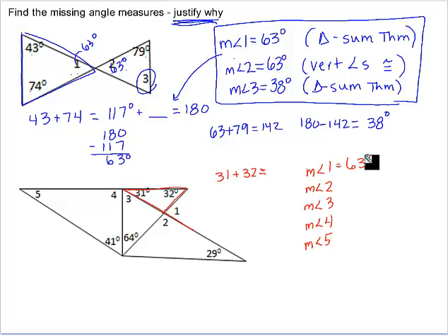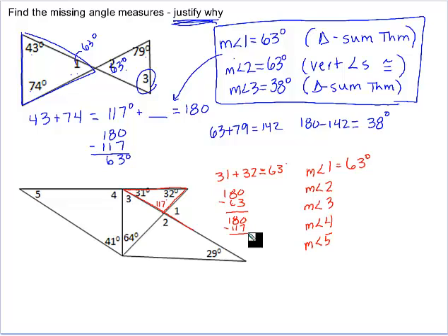Now let's delve into that a little bit further as to why that works. Well, we know if we add these two angles up and then subtract from 180, we're going to get the third angle of the triangle, so we'd get this to be 117. But then to get angle 1 again, we would just have to take 180 minus 117, and we'd get back to our 63.